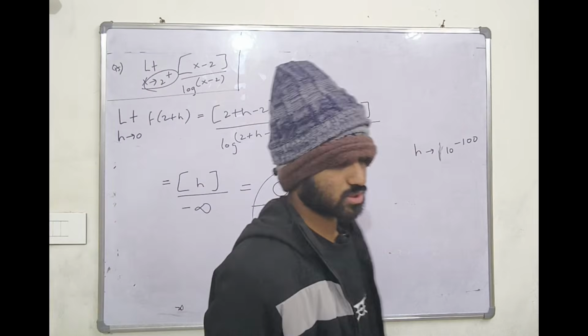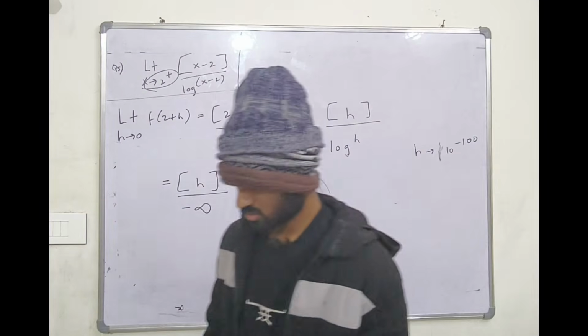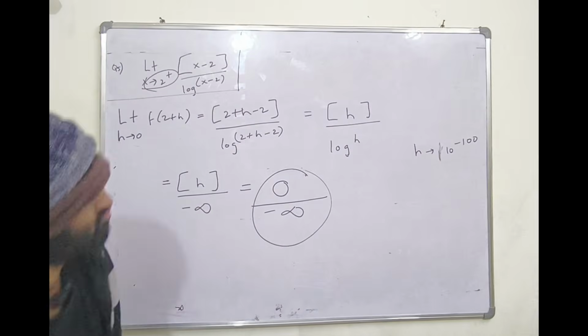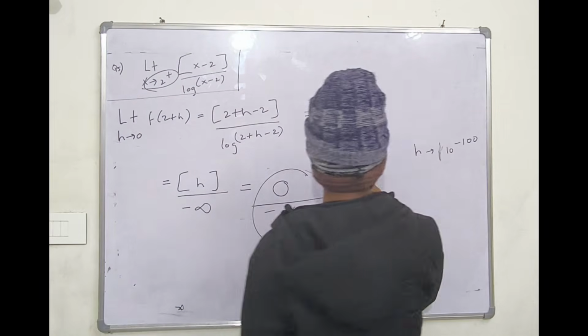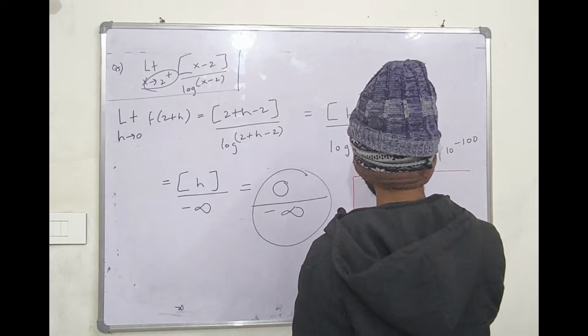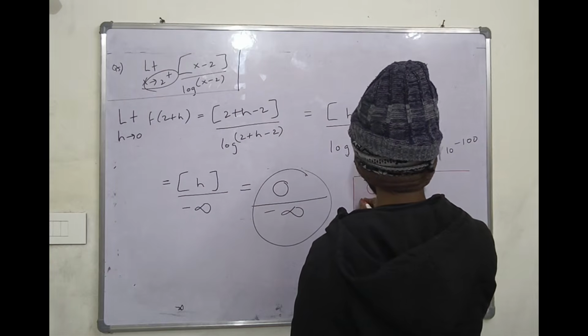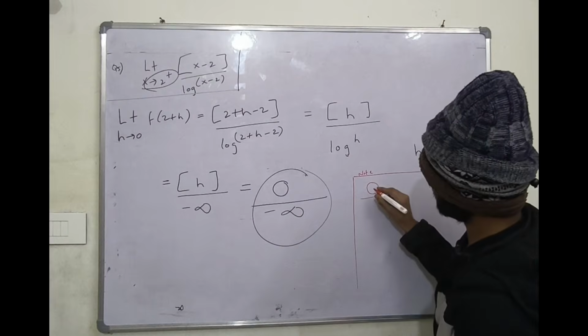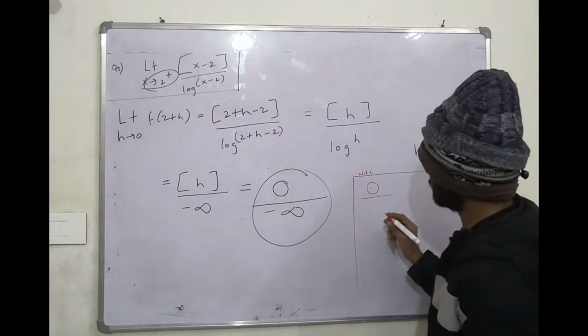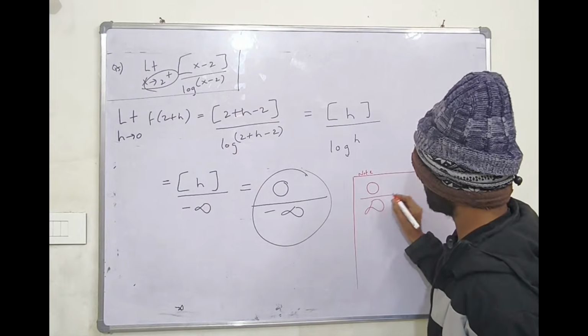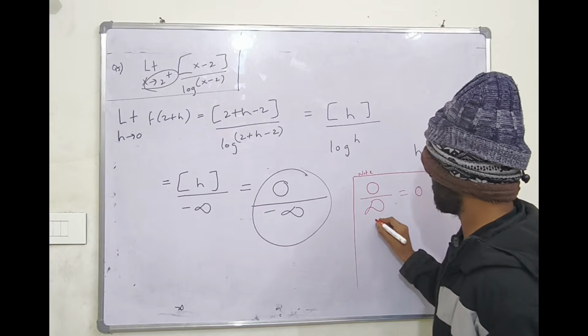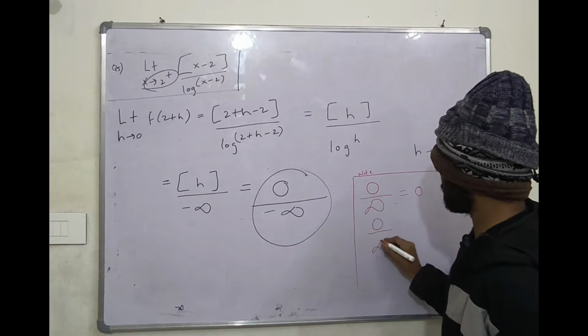Students, note this point: it is exactly 0, not tending to 0. Exactly 0 by infinity is 0. 0 by infinity power infinity is also 0.